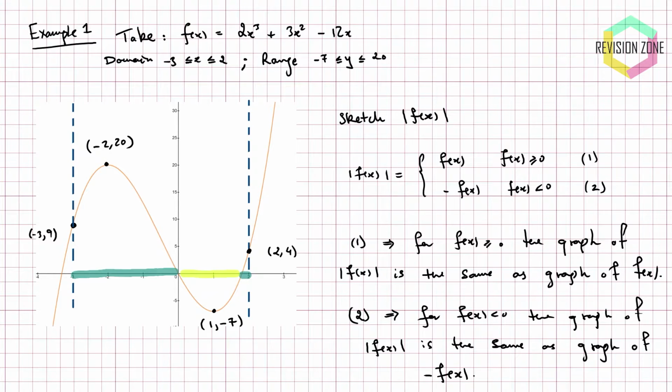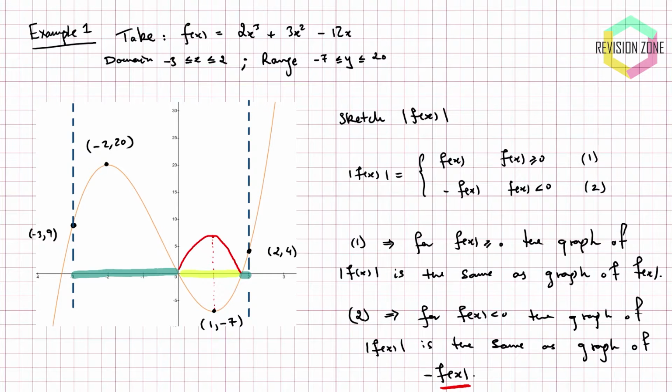And what am I told? I have to put a negative in front of all the y values, which is the same thing as a reflection about the x-axis. So that point there is going to come to some point here, and I'm going to get something like that.